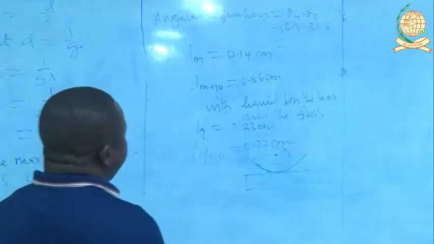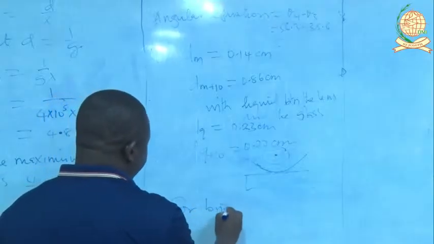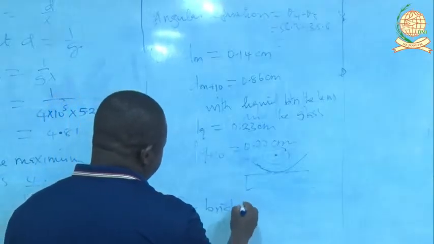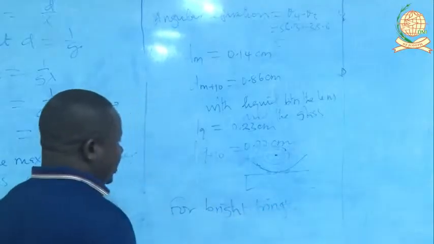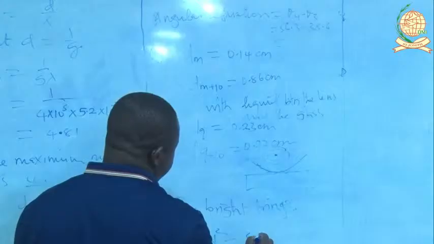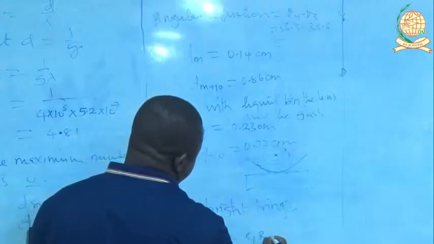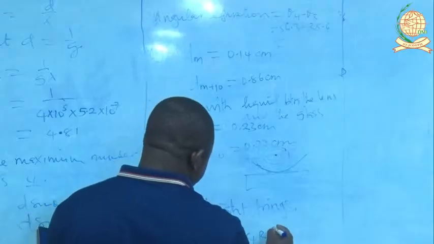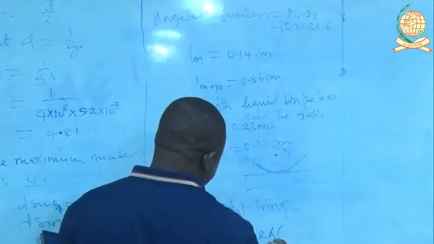So first of all, for a bright fringe in Newton's ring, the diameter d square is equal to 4 r lambda bracket n minus a half.